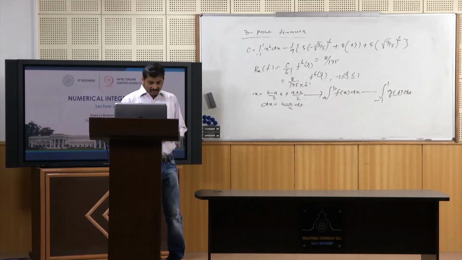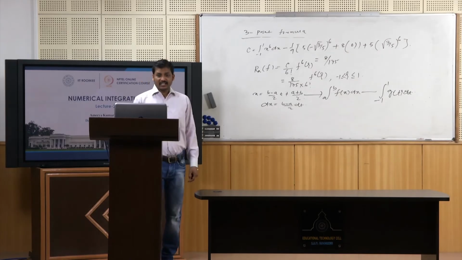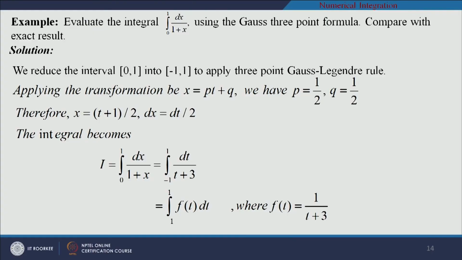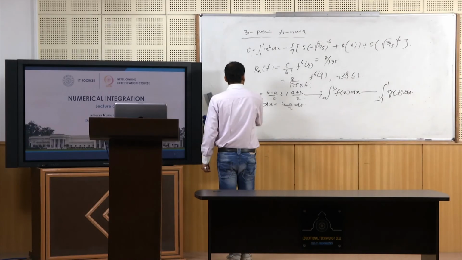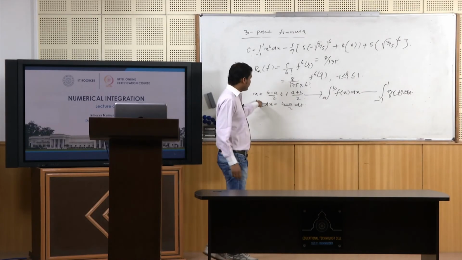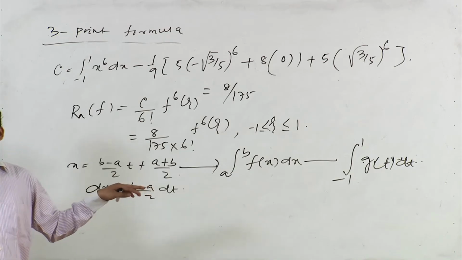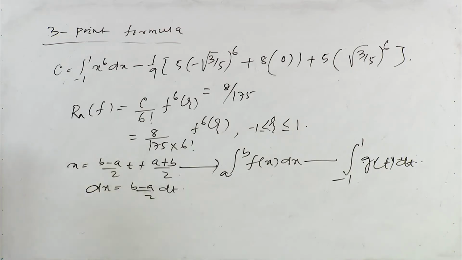If the question asks, suppose, evaluate this integral, 0 to 1 dx by 1 plus x using the Gauss Legendre 3-point formula and compare with the exact result, then first we transform this range 0 to 1 to minus 1 to 1, and then we can apply this 3-point formula.